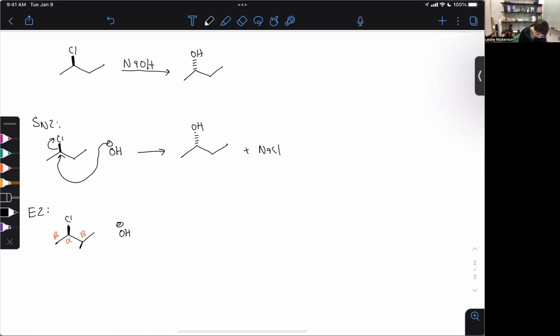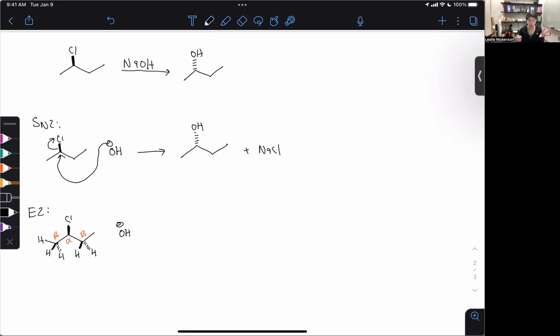Okay, and then drawing out our protons. Okay, so I have 2 beta positions, 5 protons in total. So I have a potential to have up to 5 E2 products. But we need to make sure that we're thinking about this carefully.